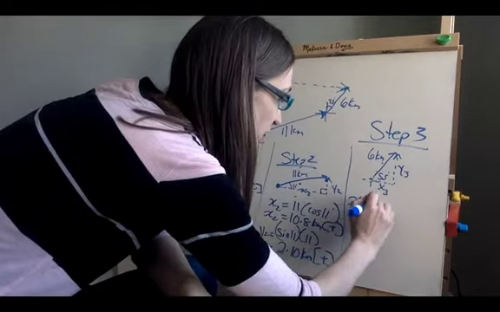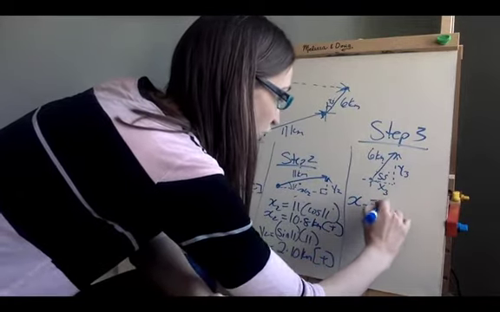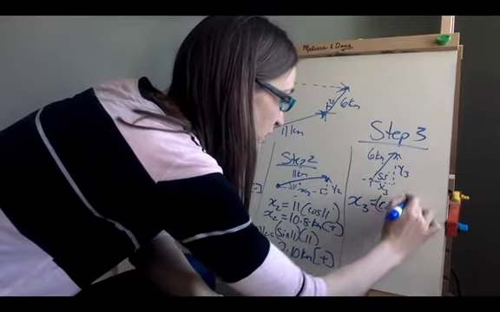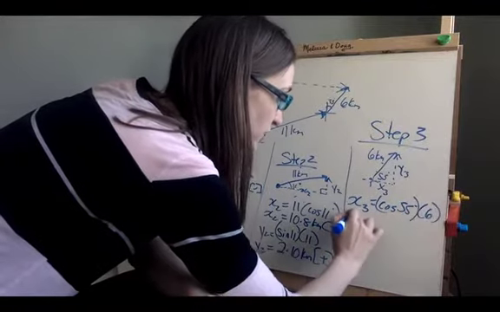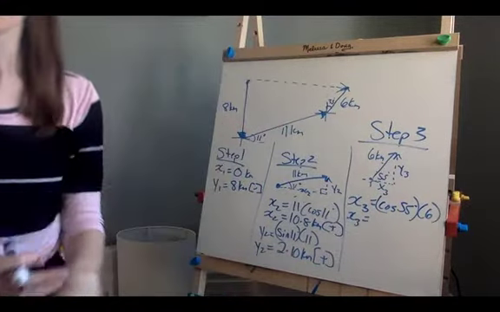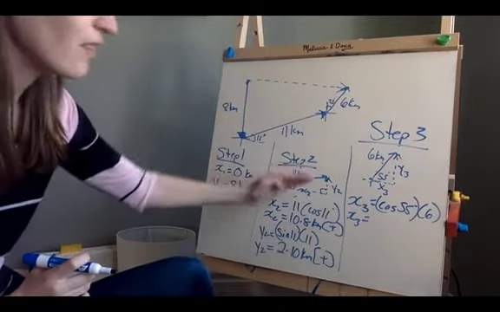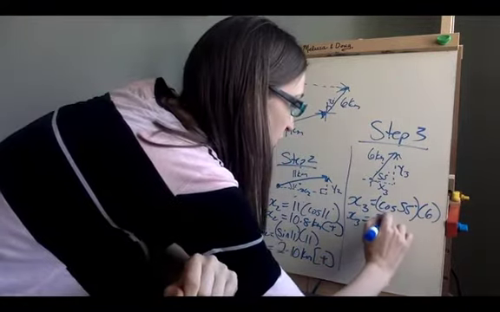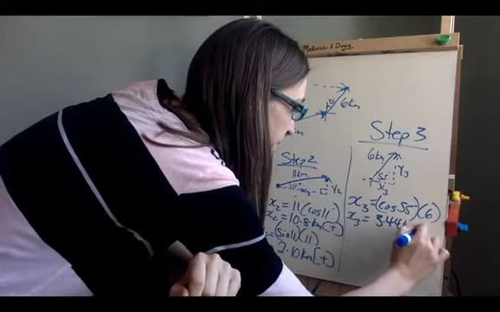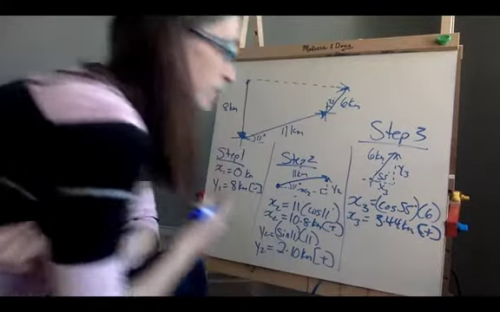So x3 is found by taking cosine of 55 degrees and multiplying it by the hypotenuse of 6, and getting a value there of 3.44 kilometers. And again, that was to the right, so that was a positive value.